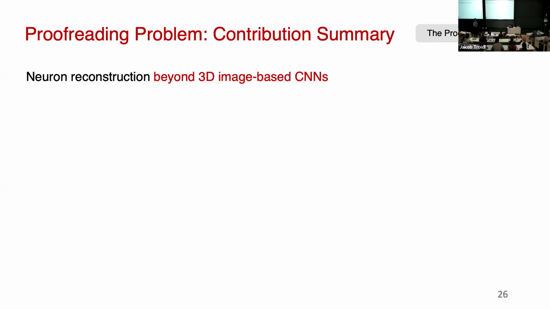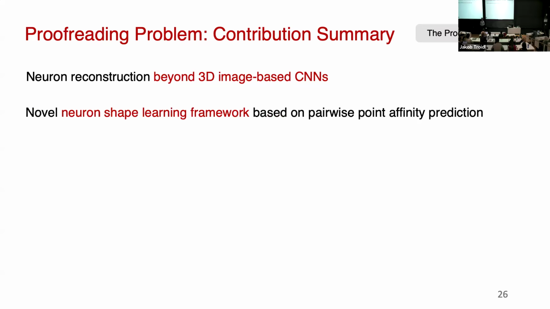Okay, so summarizing the contributions of this particular project to the proofreading problem. Overall, we presented a neuron reconstruction approach that really goes beyond the conventional state-of-the-art 3D CNN-based image segmentation approaches.